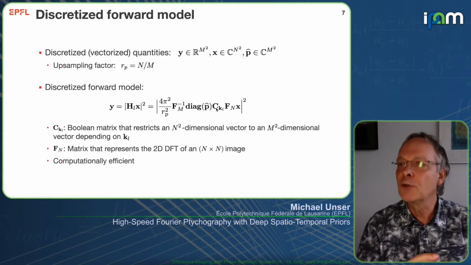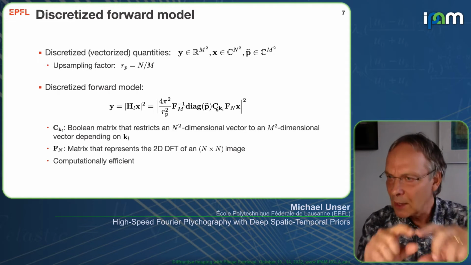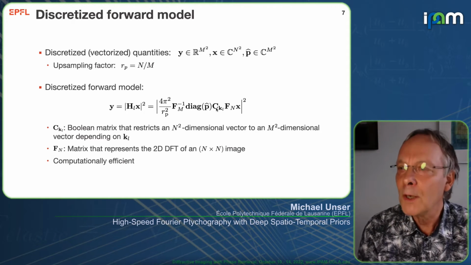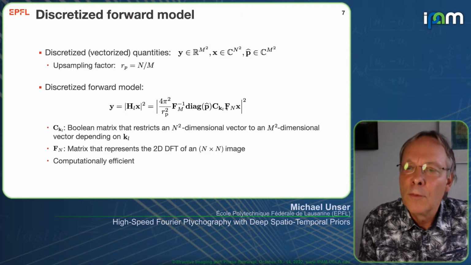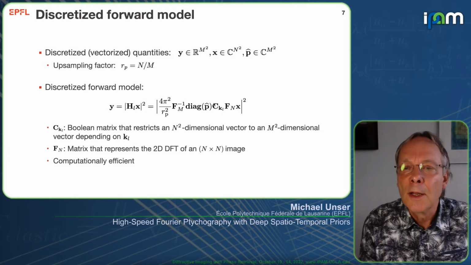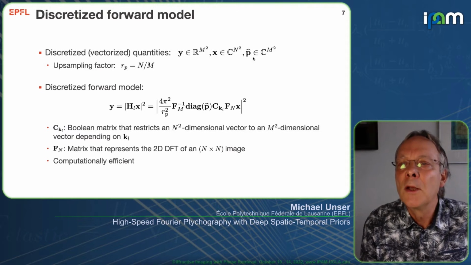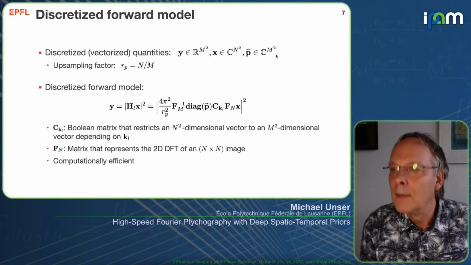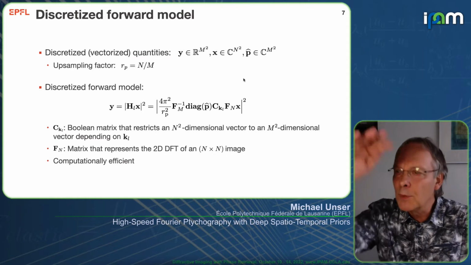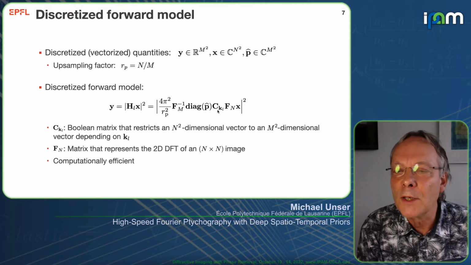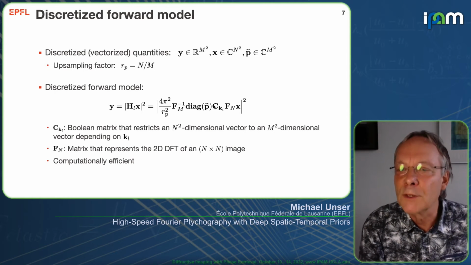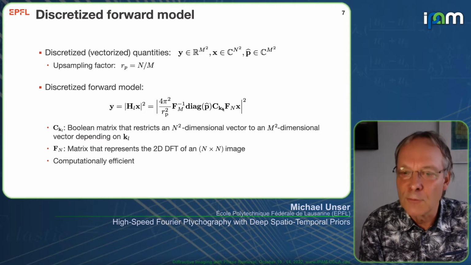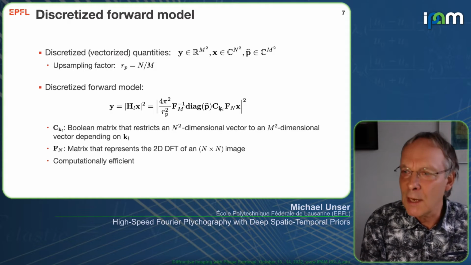And so this you can actually represent as a mask that will crop out a part of the Fourier transform. And actually this cropping will be of size m by m. That's important because it will be computationally more efficient to work with something that is smaller. So here we're of size m by m.